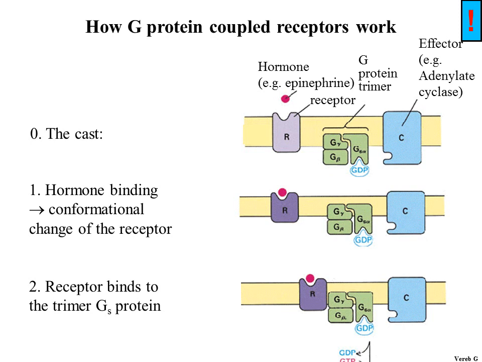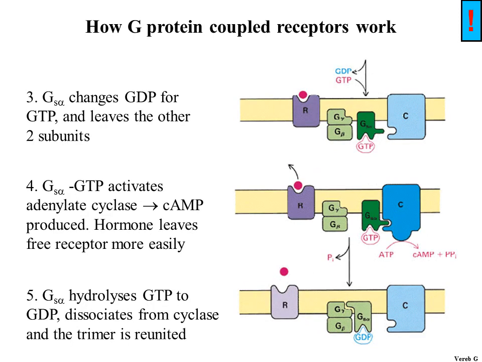So in this case, it's alpha, beta, and gamma. And the alpha subunit is the one that binds GDP. And when it interacts with the ligand-bound receptor, it releases GDP. Once it releases GDP, it will bind GTP simply because there's so much more GTP in the cytosol.